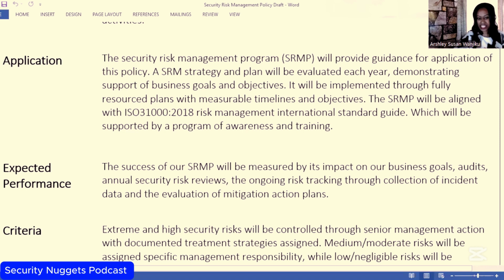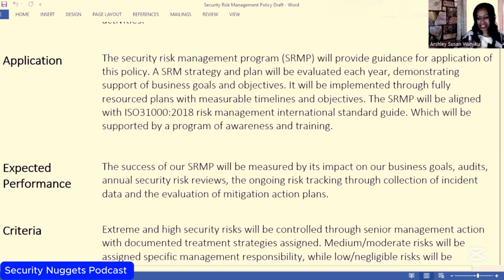And the security risk management strategy and plan is going to be evaluated annually, all right, according to this organization. So once a year, the program is going to be evaluated, all right? And therefore demonstrating its continuous support to the business organization's goals and objectives, all right? And again, it is going to be implemented by fully resourced plans.